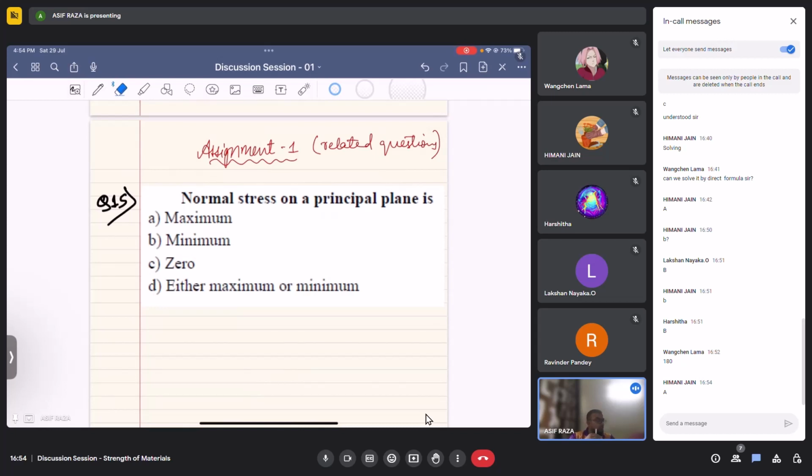Himani has given the answer as option A. What about others? Mongchen has given option C, 0. Others? Harshita, Lakshan, Ravinder, C. Okay.